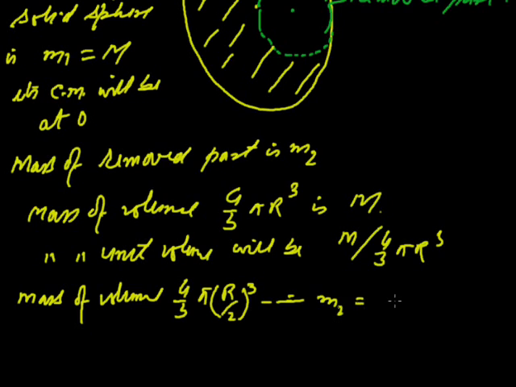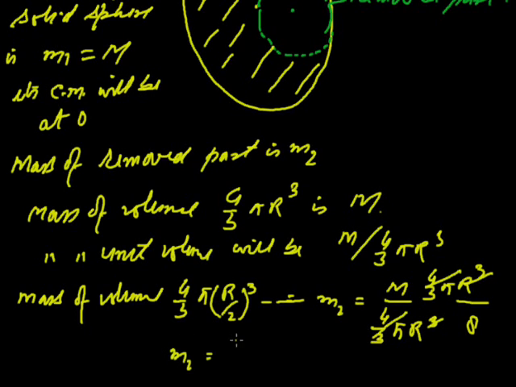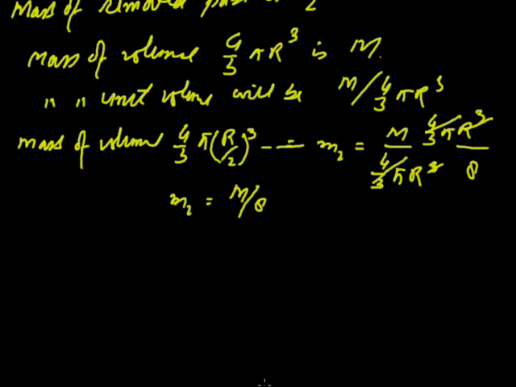M2 will be M upon 4/3 pi R cubed into 4/3 pi R cubed divided by 8. 4/3 cancels, R cubed cancels. It means M2 will be M by 8.